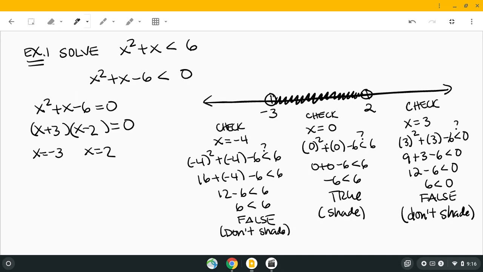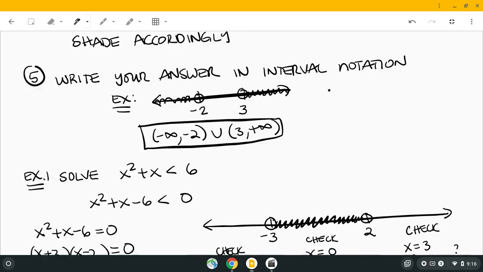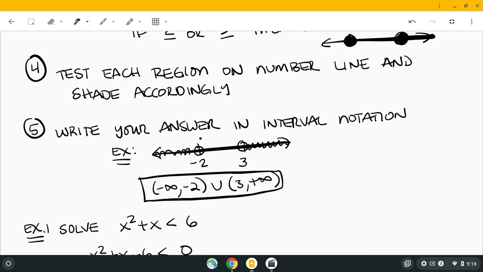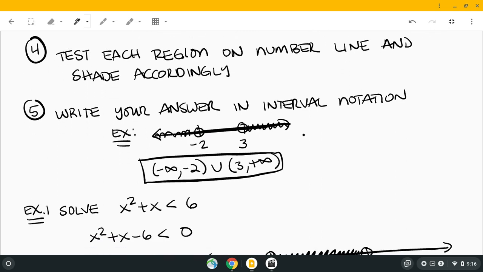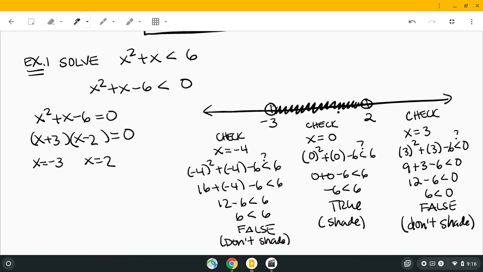Okay? So this is our final answer right over here. And it says here, write your answer, test each region on the number line and shade accordingly. We did that. Now it says write your answer in interval notation. Okay, so the way I write this, -3 to +2, but not including -3 and not including 2.